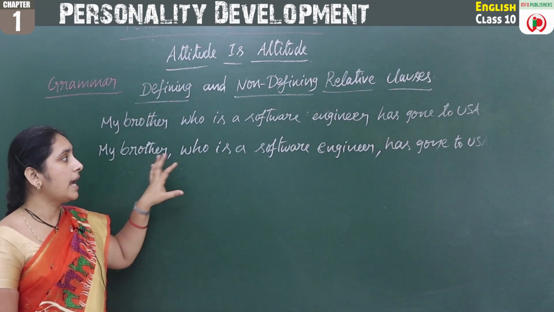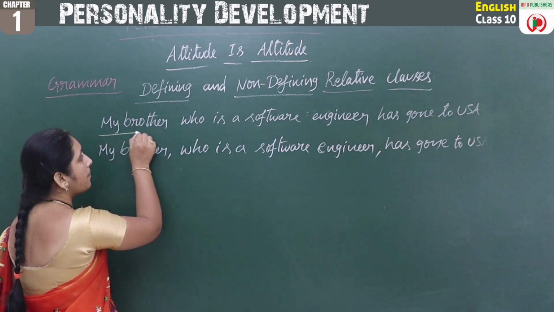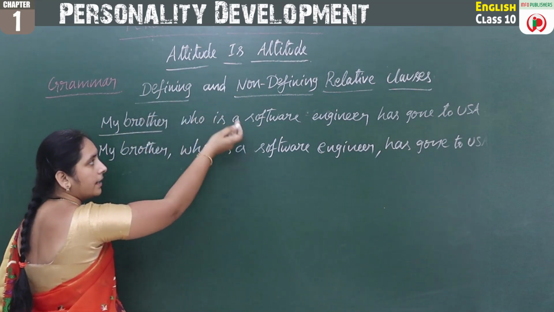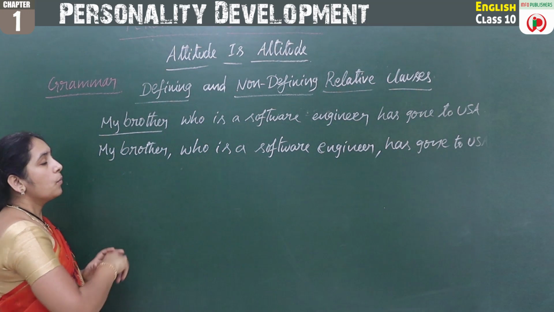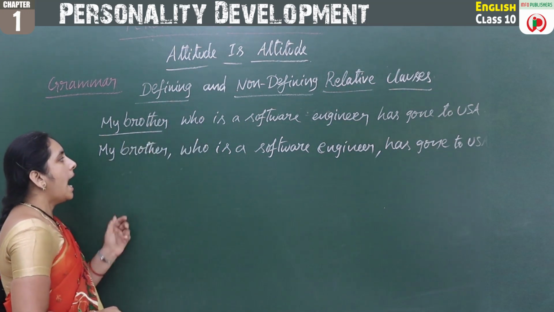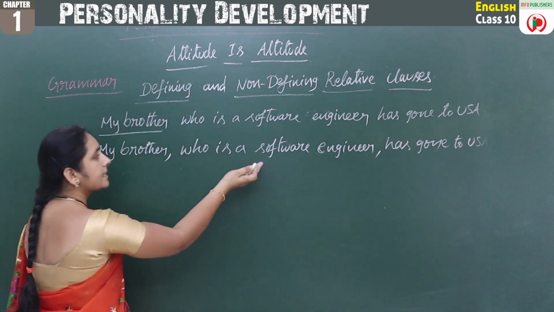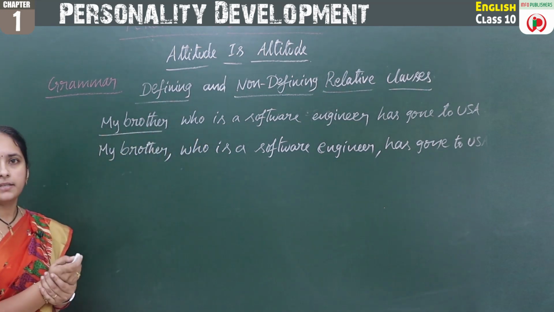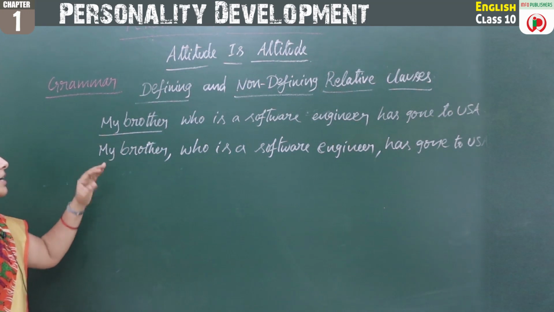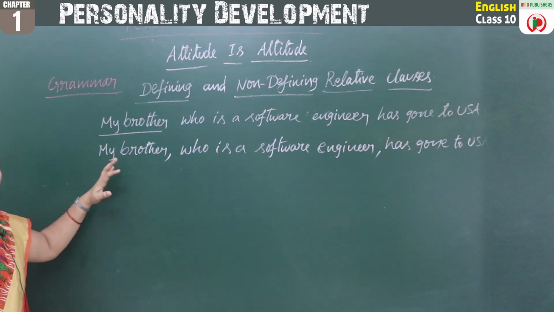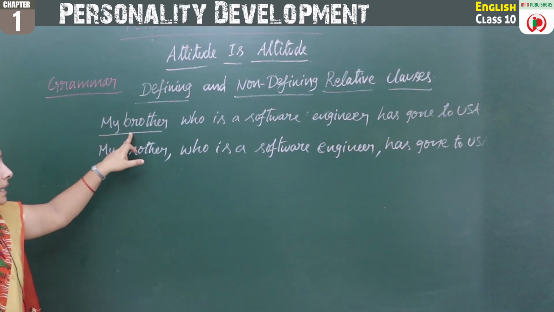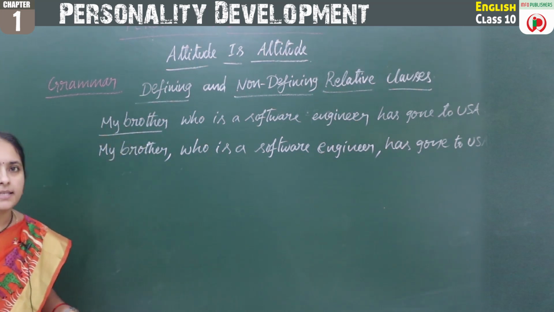So like this, this is completely defining this person, what his qualities are. And in this sentence, by giving the commas, this is giving information about this person. I think all of you understood this. Here both sentences are looking the same.